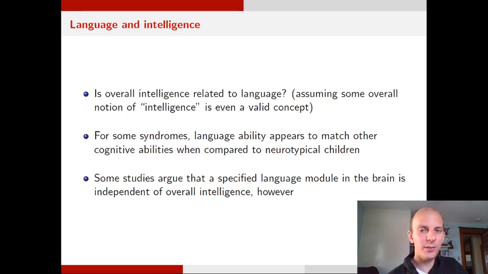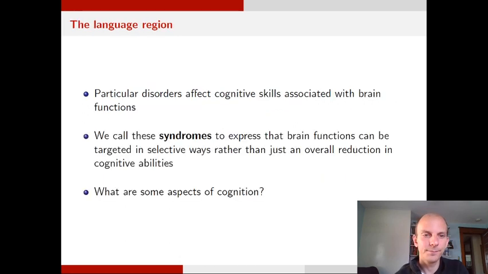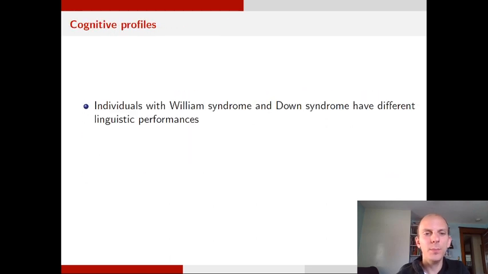And we can use syndromes, these cognitive disorders, to give us some preliminary evidence on this question. So one place we can look is between individuals that have different syndromes and how they respond both in overall general cognitive capacity and in linguistic ability.